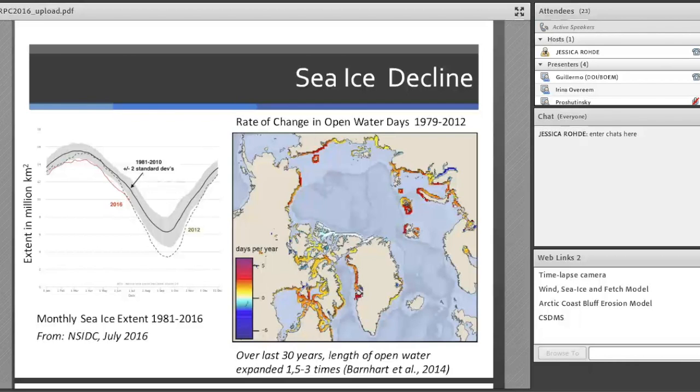So the length of open water days is the period in time that at that coastal cell, if this were one coastal cell, the water is ice-free.